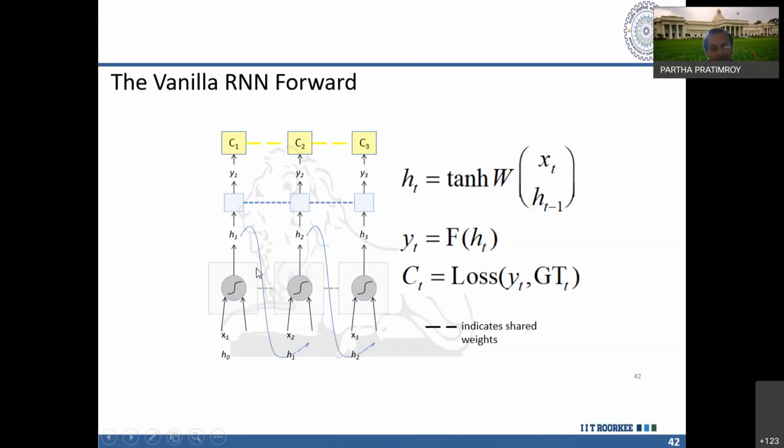These are shared in every block. Whatever functions we use in this block are used in the same way in every block. Whatever weight matrix we use in this block will be the same here, and whatever function we use here will be the same here.